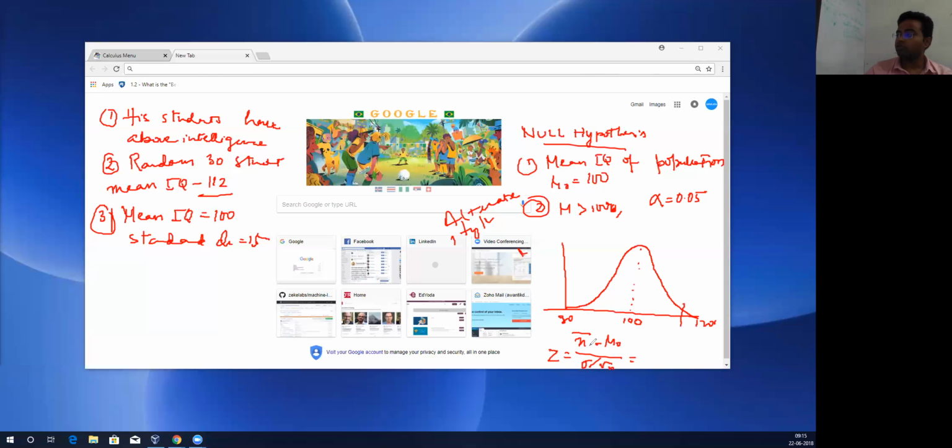What is your x bar? X bar is your current data set's mean. How much is that? 112.5.